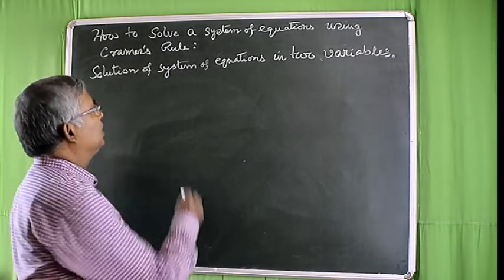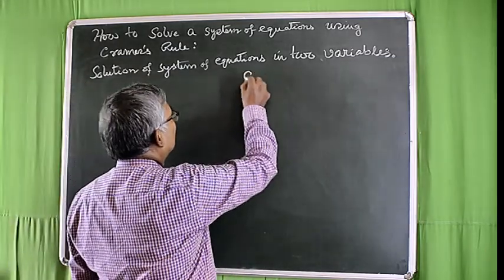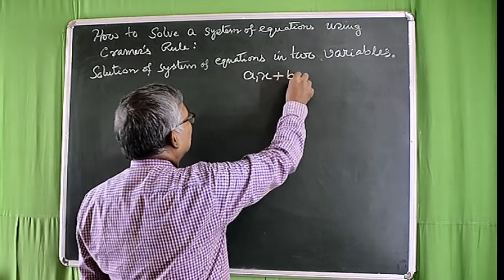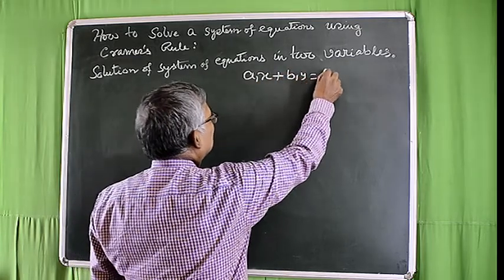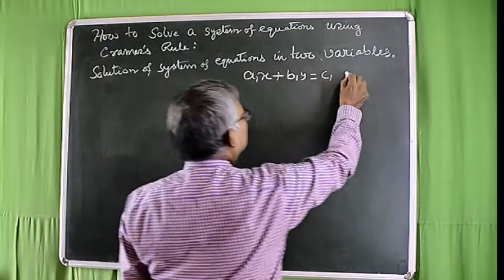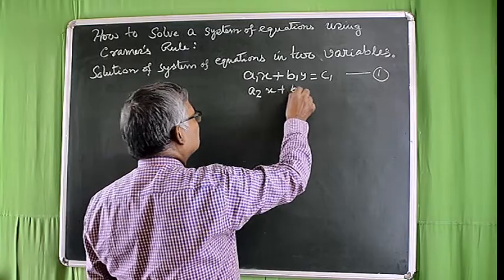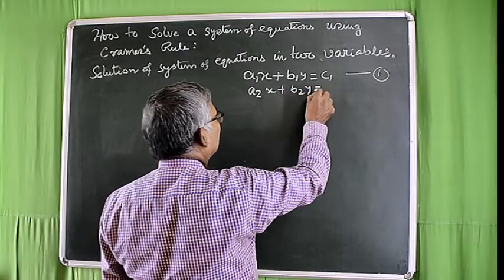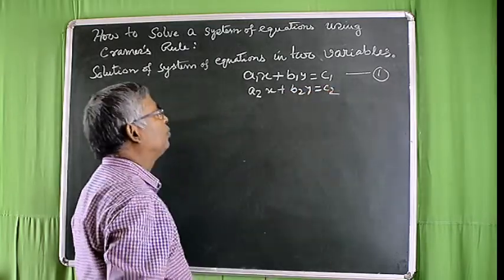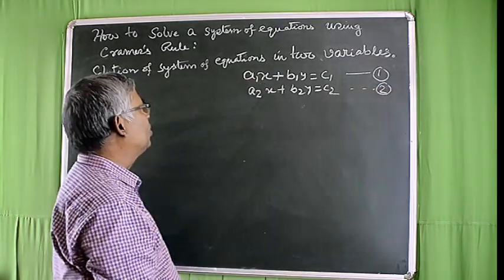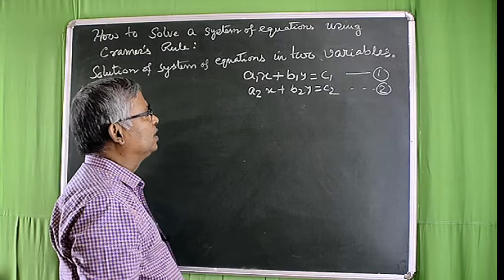Students, let the equation be a1x plus b1y equal to c1, this is equation 1, and a2x plus b2y equal to c2, this is equation number 2. Now we have to solve for x and y.